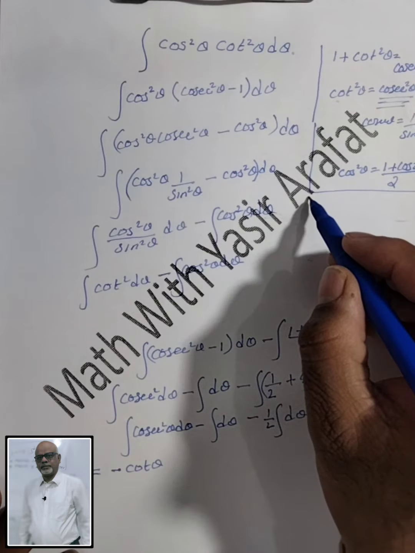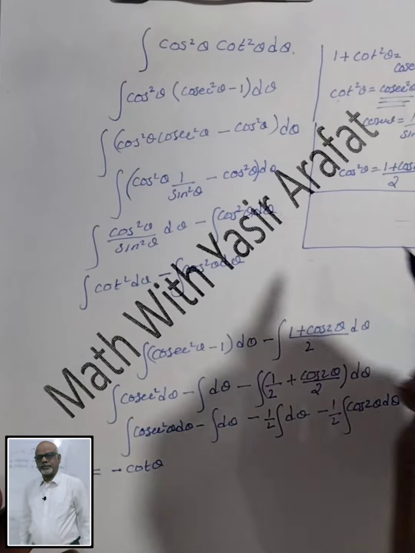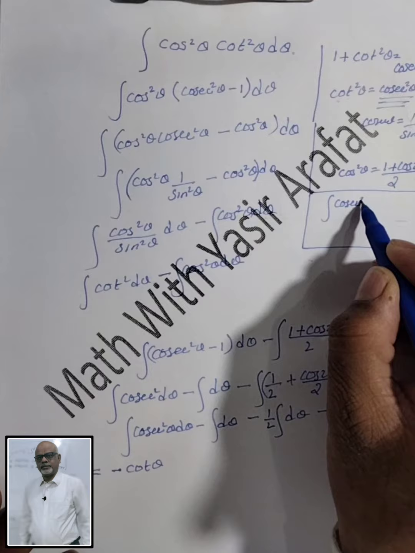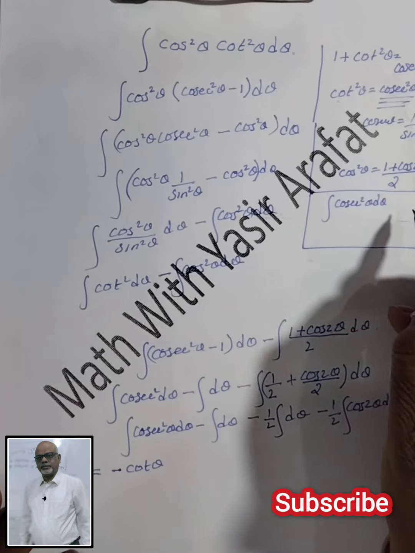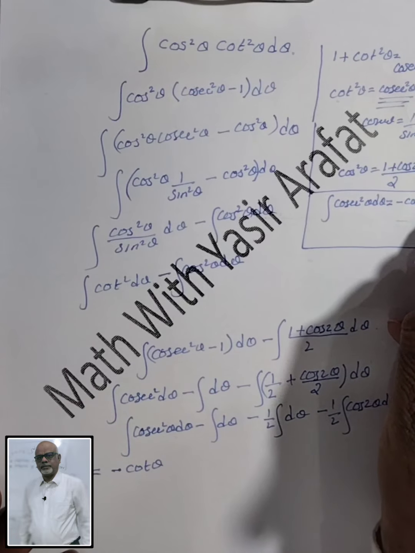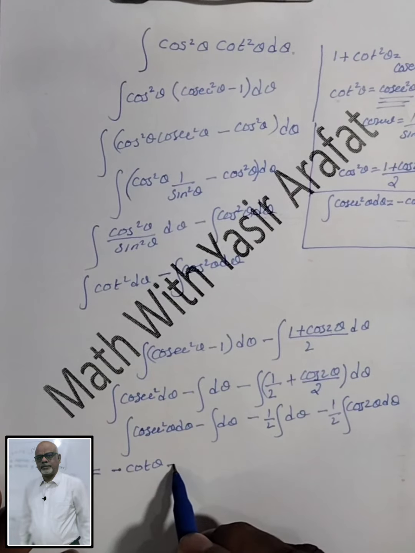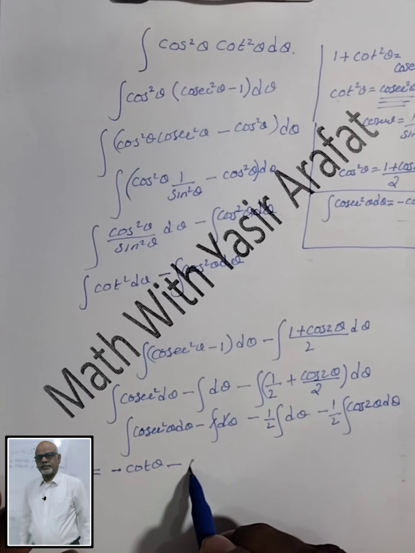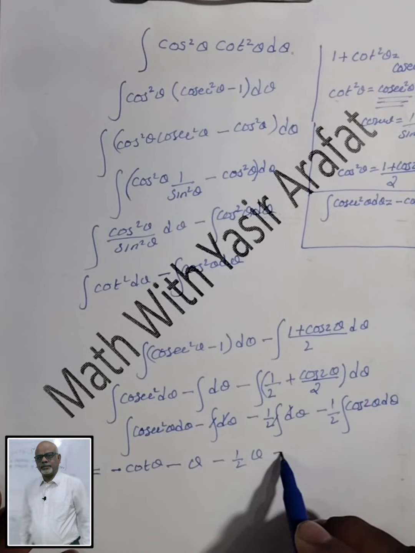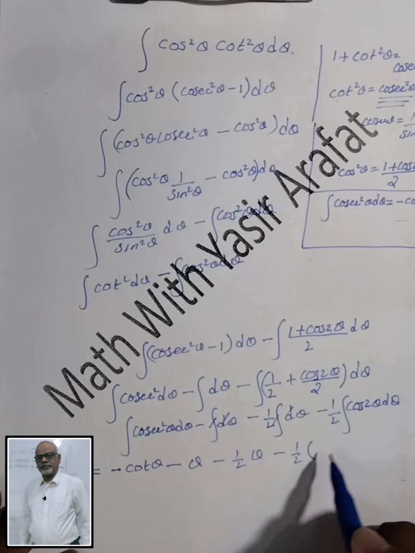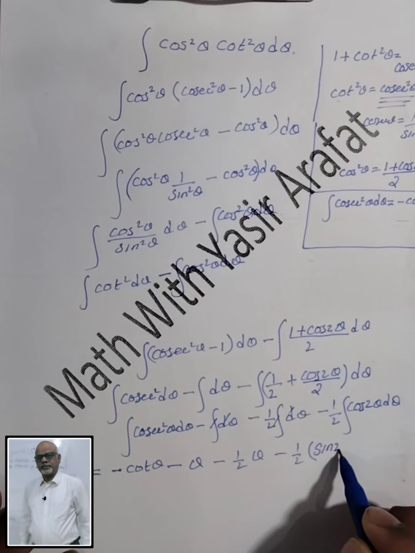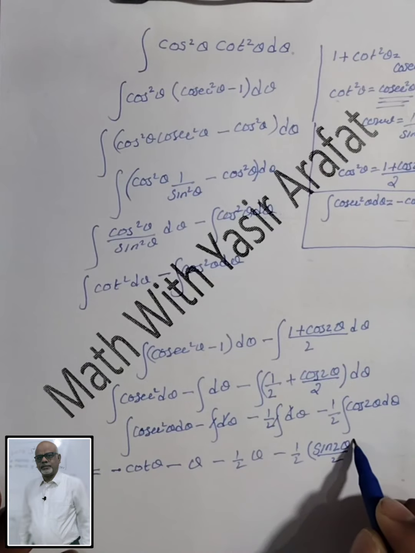So this is minus cot theta, minus the integral of d theta, minus 1 upon 2 times the integral of cos 2 theta, whose formula is sin 2 theta over 2 plus c.